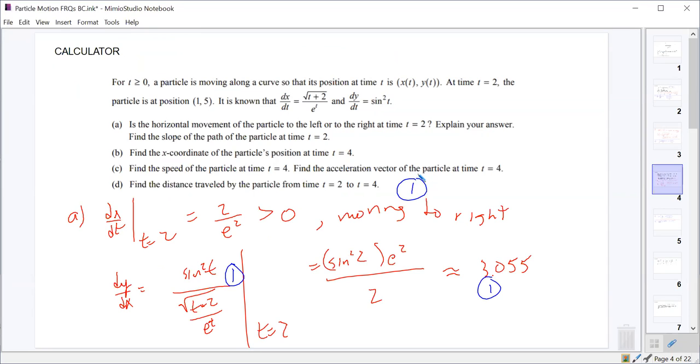So all we need to do is find the derivative of the x component here of our velocity and the derivative of our y component of our velocity, both evaluated at 4. Since this is a calculator problem, you don't actually have to find the derivatives of each of those by hand.